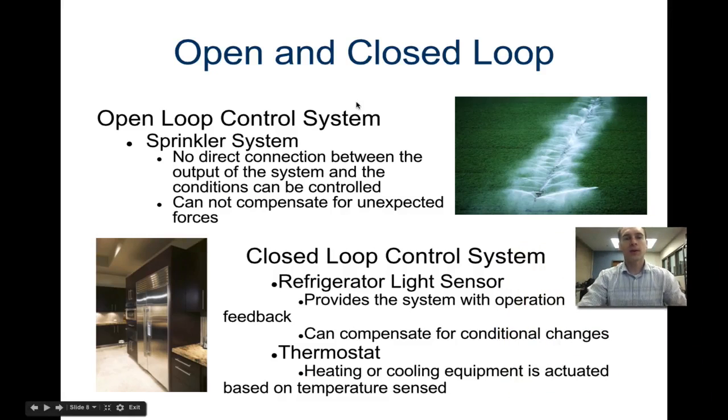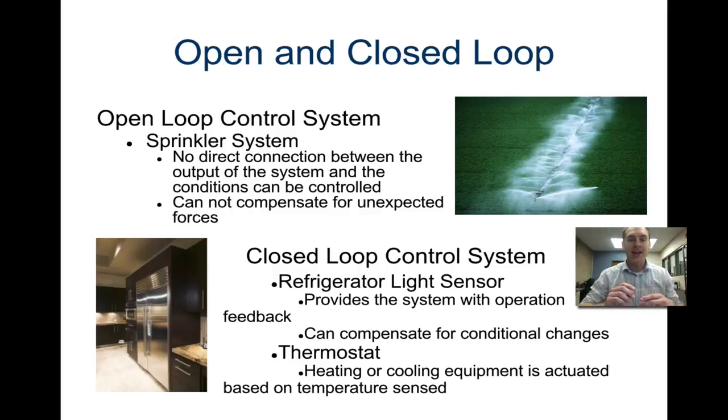So here are a couple of open and closed loop samples. An open loop would be a sprinkler system. There is no direct connection between the output, all the water going out, and the input, which is, hey, the timer's on, let's spray some water.